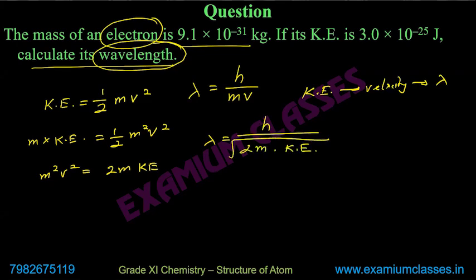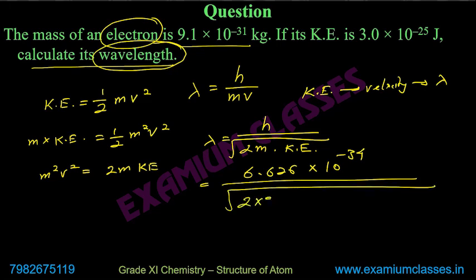That is 6.626 × 10^-34 divided by square root of 2 × 9.1 × 10^-31, you have to use kg, and the given kinetic energy 3 × 10^-25. And you can simplify this one. So there are two ways.